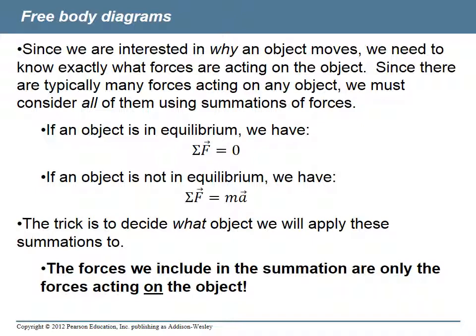They can't be forces the object is applying to something else. It has to be forces acting on the object. So we're not going to include the entire action-reaction pair. We only include half of that pair because we're trying to figure out what object is accelerating, right? I need to know what forces are acting on one object to find out how it's accelerating, or what forces are on that object to make it in equilibrium.